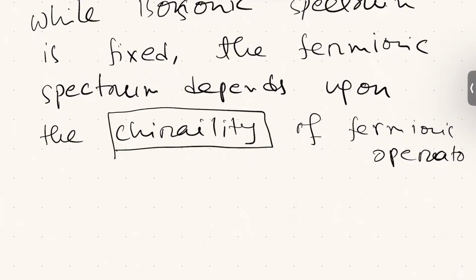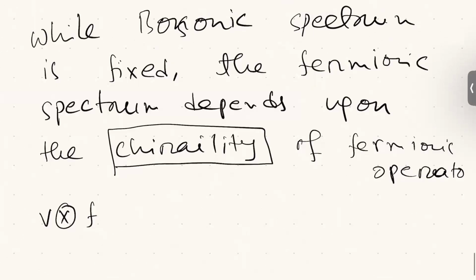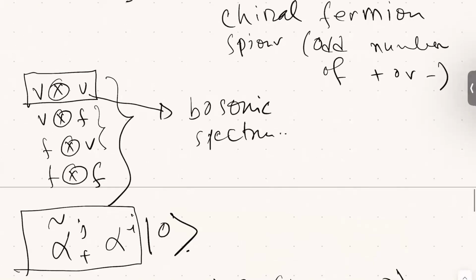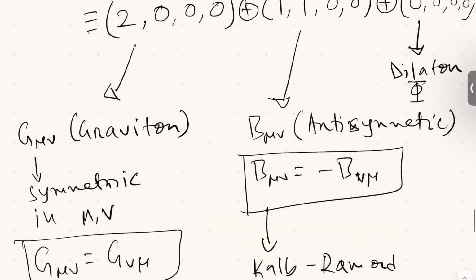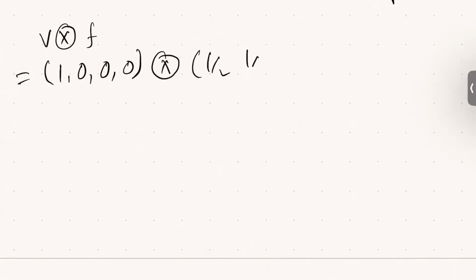So what will happen if you actually take a vector and a, right, like this guy. We took this guy. Now we are taking this guy. So we are again taking a vector and a fermion, which is non-chiral.